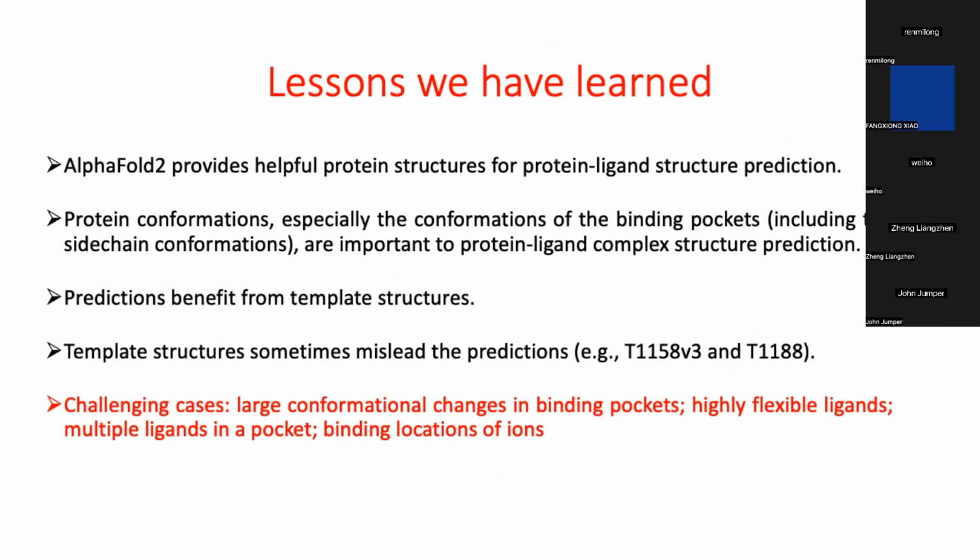And the challenging cases are those with large conformational change, highly flexible ligands, and multiple ligands in the pocket, like cofactors, for example. And also for ion binding location, I think at least our lab didn't do a good enough job.